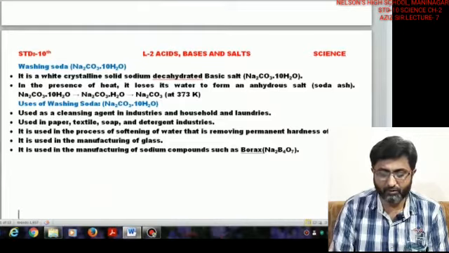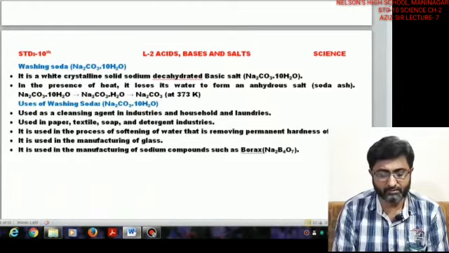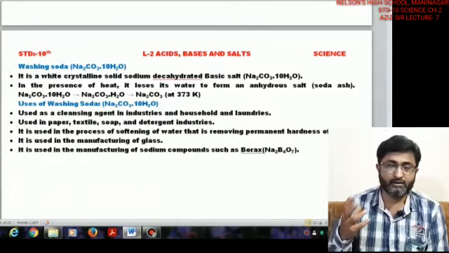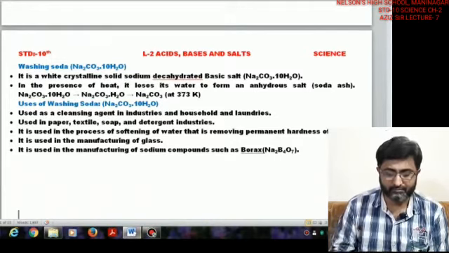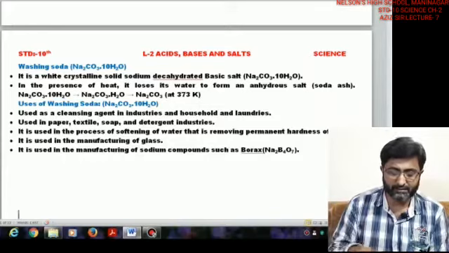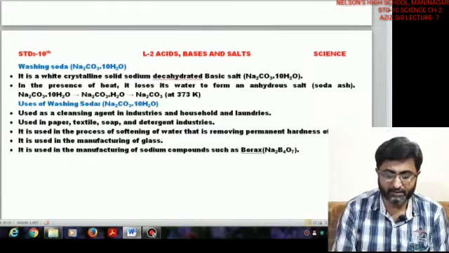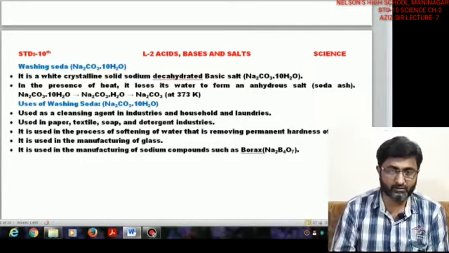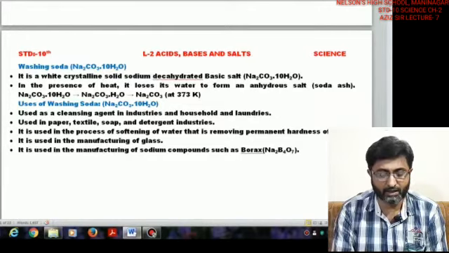You may see it with the formula also. When this 10 molecules is heated, that is Na2CO3 with 10 molecules of water is heated, it forms an anhydrous salt. Anhydrous salt is known as soda ash.